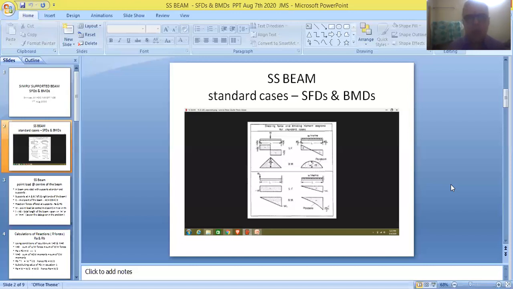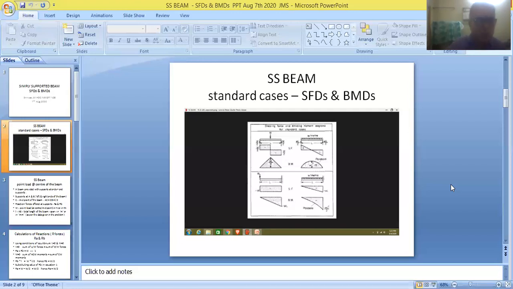Now, secondly, as I've already told you, we are talking about a simply supported beam. So the beam is provided with end supports. These end supports will be offering certain amounts of reactions for withstanding various loads acting on the beam in the downward direction. Therefore, they are called reactions or reaction forces.